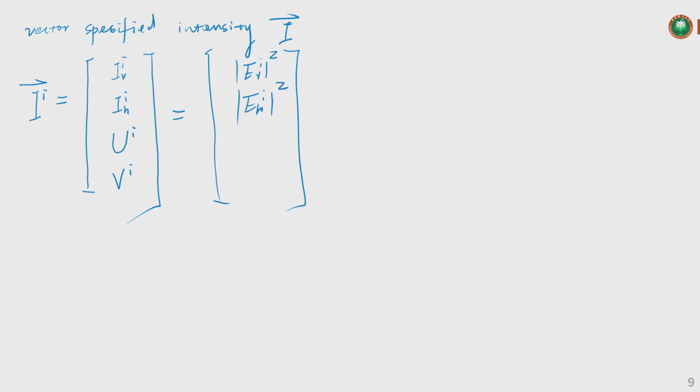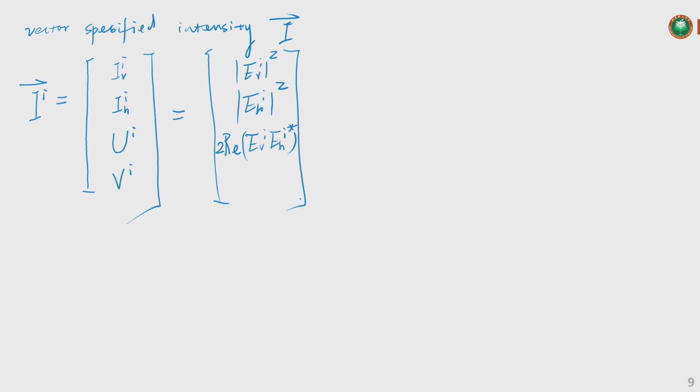And another two terms are correlated to the phase difference. The first part is E_Vi E_Hi star, and we take its real part.